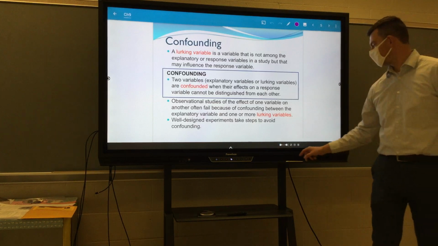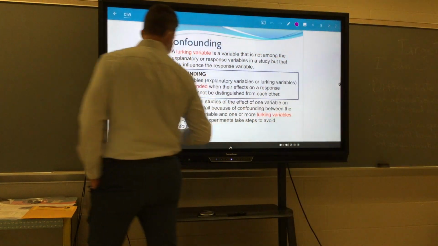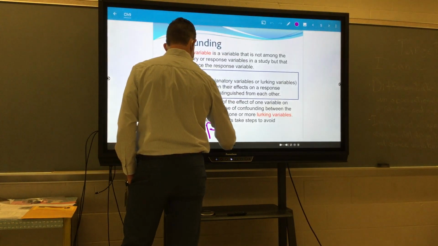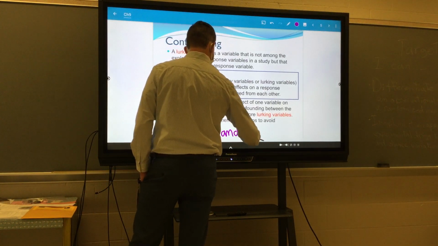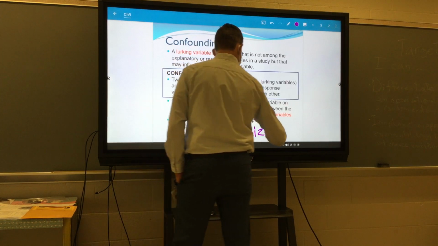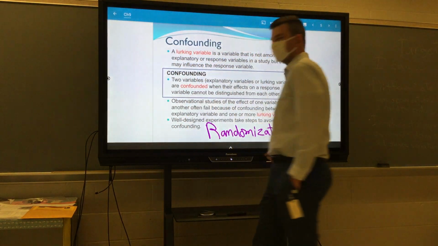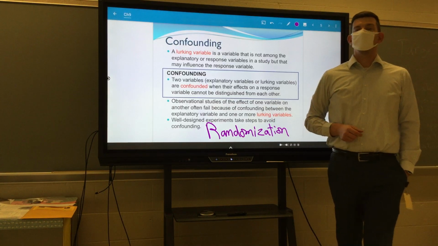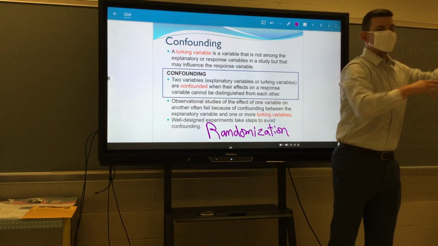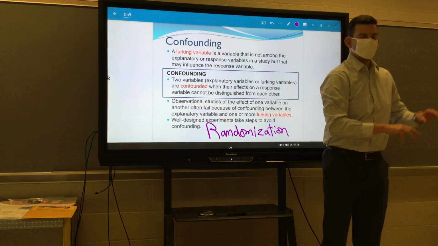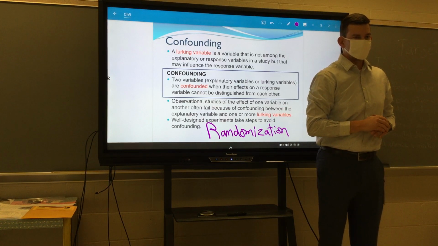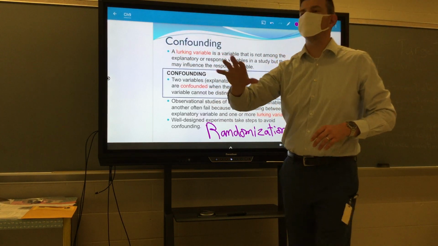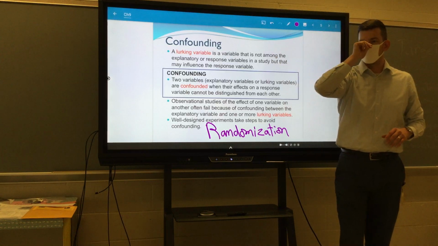And the key as to why, with experiments, you don't have to worry as much about this, is the randomization. Okay, you have all your participants, and you're randomly assigning half of them to follow this diet, and the other half to either follow some more practical diet or eat whatever they want, their normal diet.